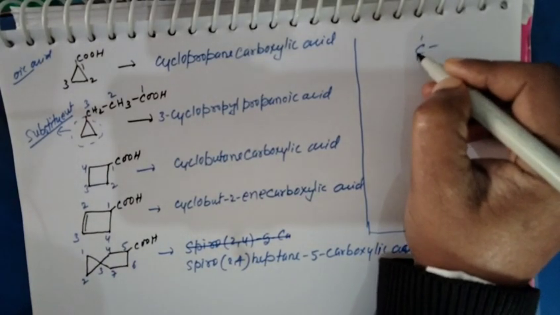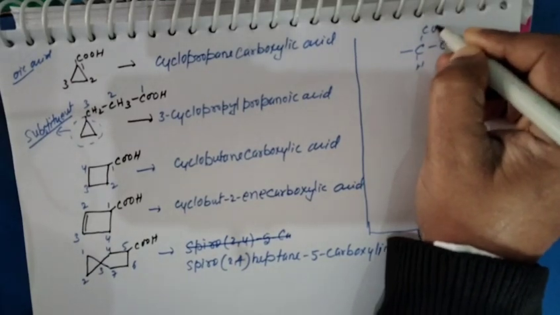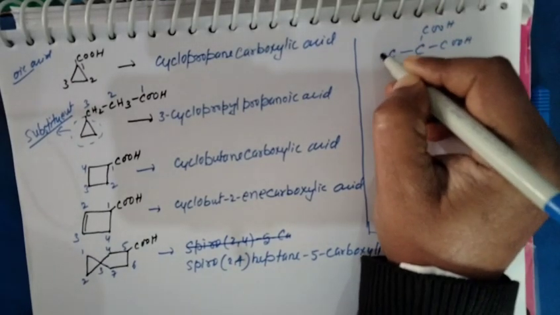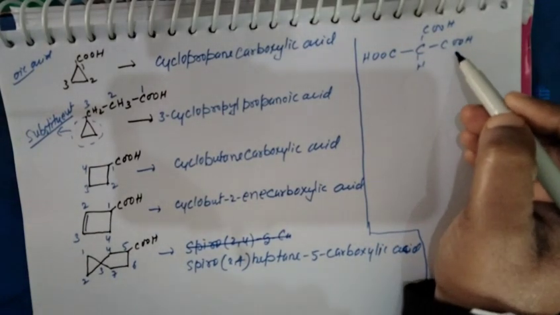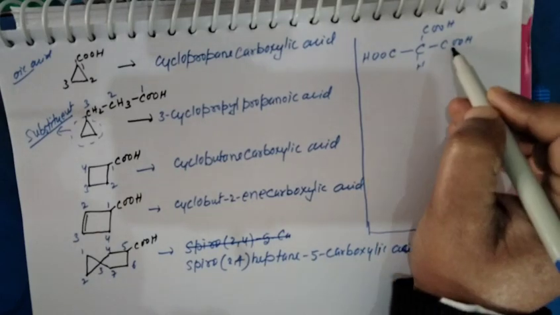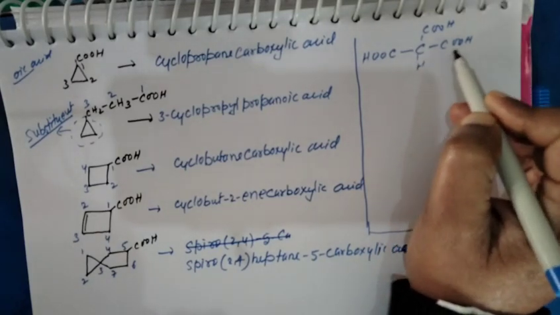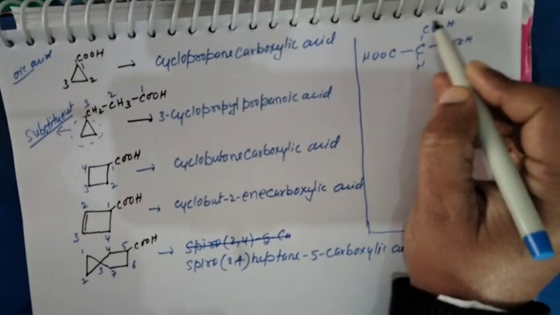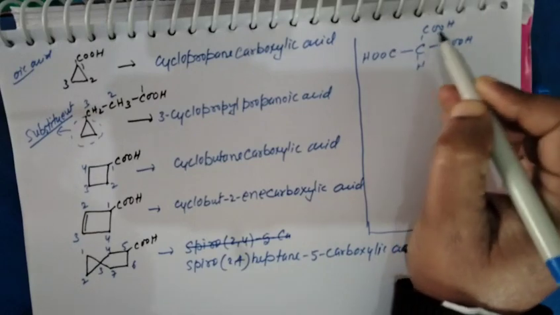If we take this compound, CH with COOH, COOH, COOH. If you take this as a parent chain, this one is left.